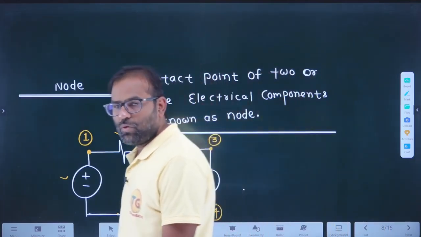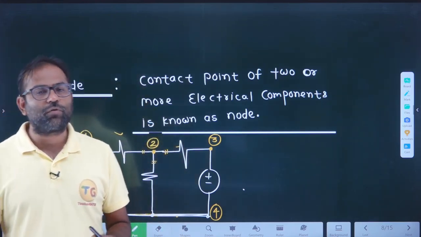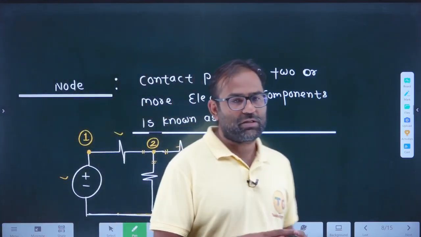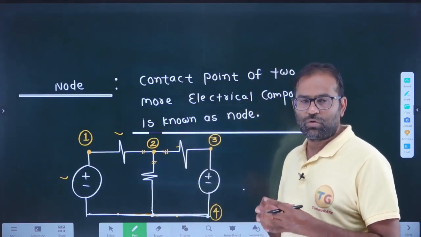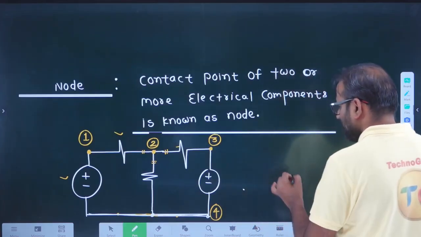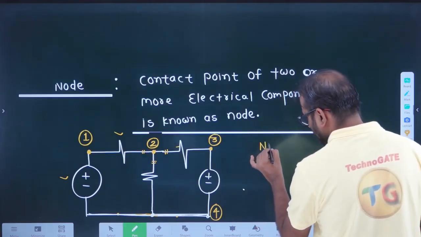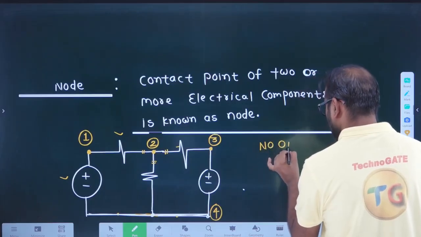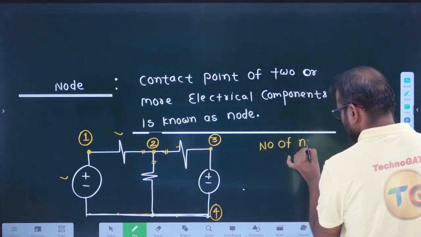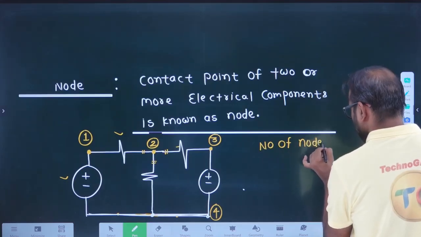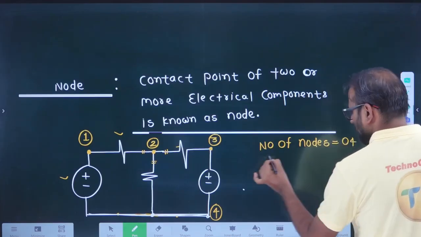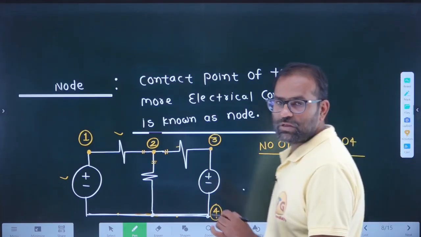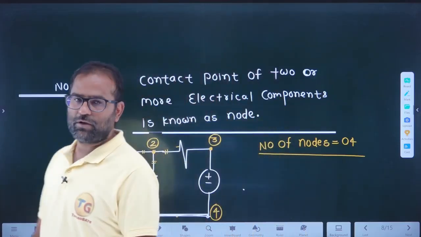Any contact point of two or more electrical components is known as node. So the number of nodes here is equivalent to 4.